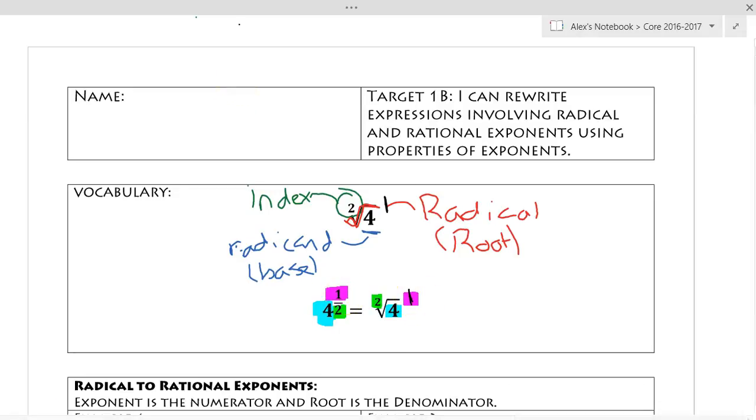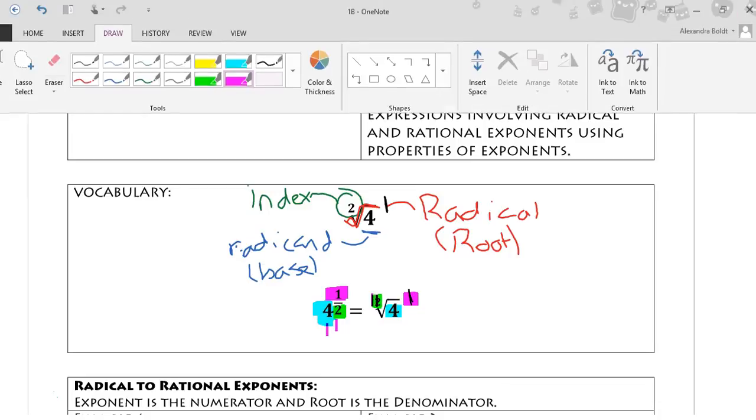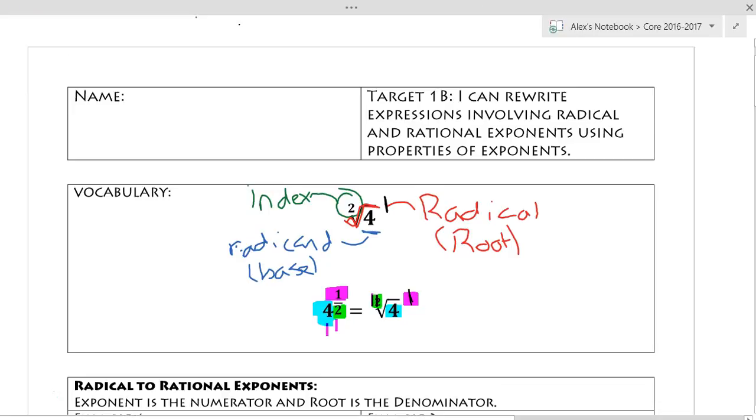So I can switch between having something with a radical and having something with an exponent by following this. The base stays the same. The number on the left goes underneath, and the number on the right goes on top. So let's look at a few examples.